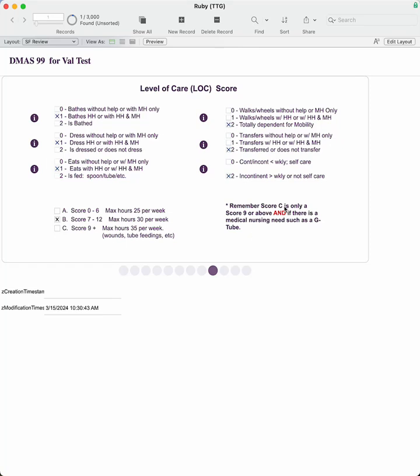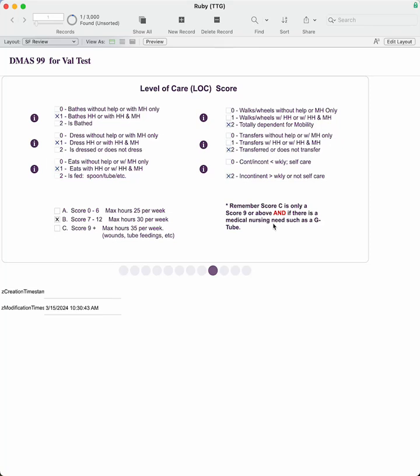Remember, score C is only a 9 or above, and the key word is there's a medical nursing need, such as the G-tube. So if they scored 1, 2, 3, 4, 5, 6, 7, 8, 9, 10, 11, 12, that doesn't automatically put them up to score C just because they're dependent hugely on everything.